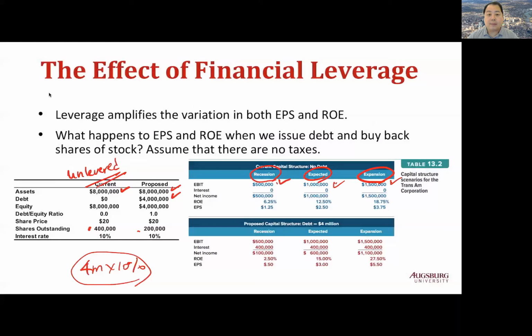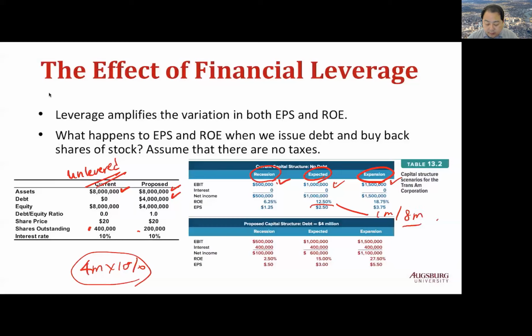With the current capital structure, unlevered, in the expected scenario, ROE is 12.5%, which is $1 million net income divided by the value of equity, $8 million.